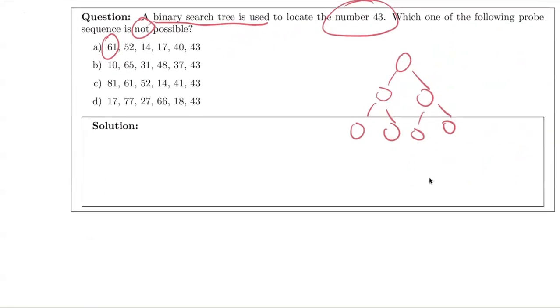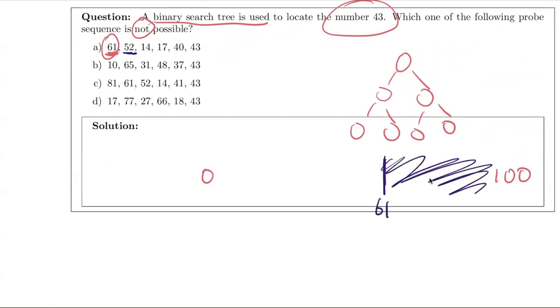Initially, we could think about a range from 0 to 100. The first number we probe is 61. Because the second number we probe is 52, it means we step to the left-hand side of 61, so we discard anything that's larger than 61. We gray this area out. And the second probe is 52.